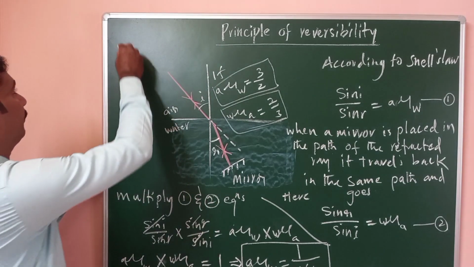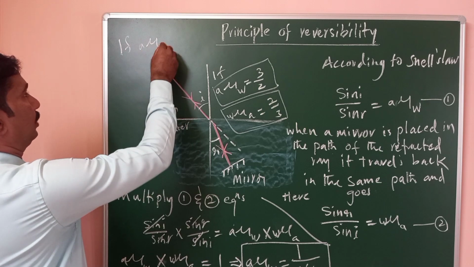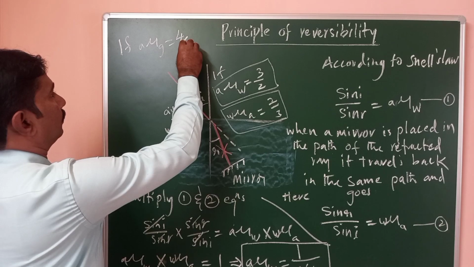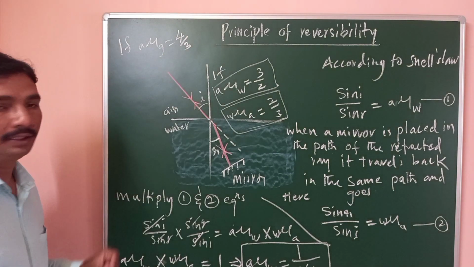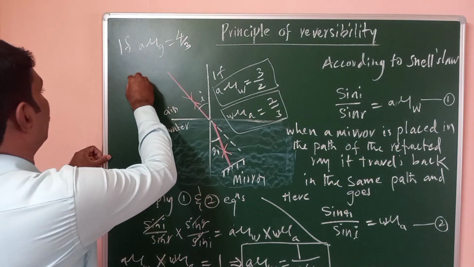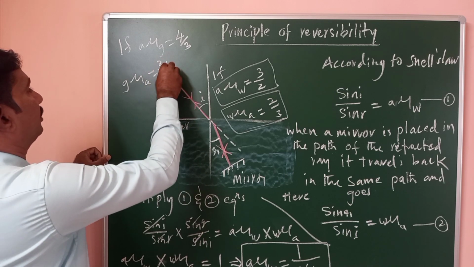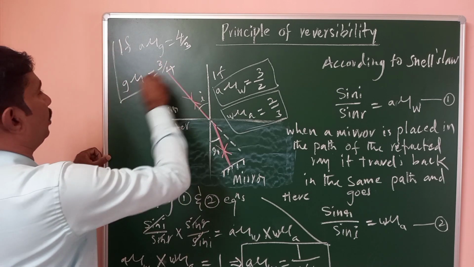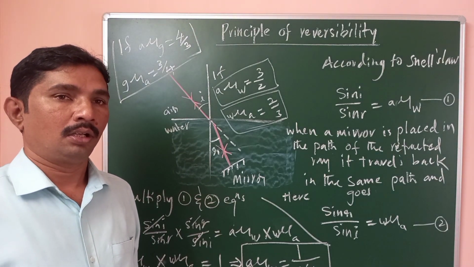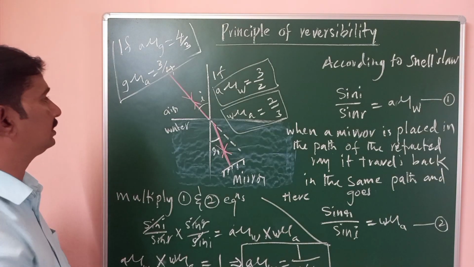Now again, suppose the refractive index of air to glass is equal to 4 by 3, then the refractive index of glass to air will be equal to 3 by 4. This is what we are supposed to understand from this. What does principle of reversibility say?